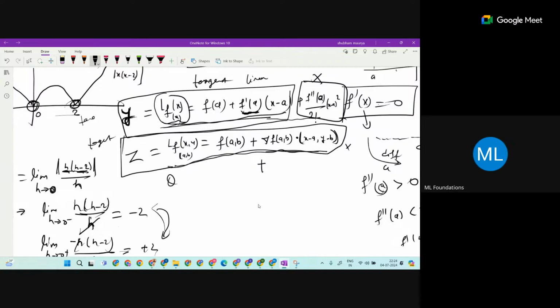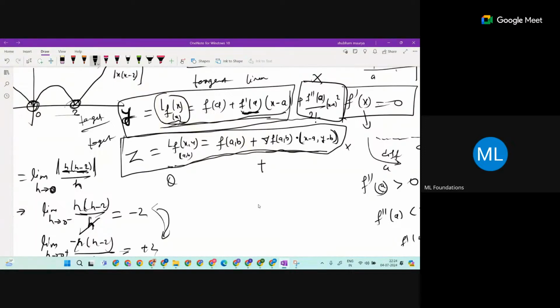This is the tangent line. So there is not much difference between the approximation and the tangent. In place of the function, you just replace it with y, and that becomes the tangent line, and a plane similarly for the multivariable. The right side formula is important, if you remember the right side.